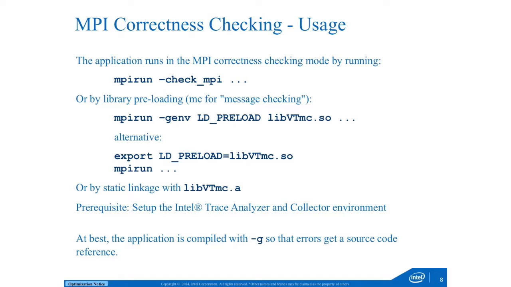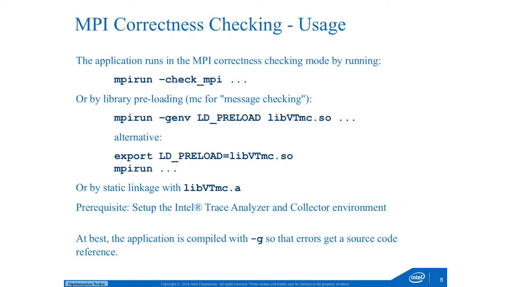And here with Intel MPI, you can use it as a command line option, but if you don't want to touch your scripts or your command line, you can just export the preload variable. So this is, in some situations, very handy, where it's not possible to touch the command line, or when you're dealing with complicated scripts where you don't know which path is actually taken.